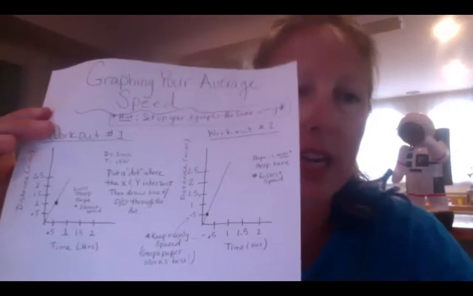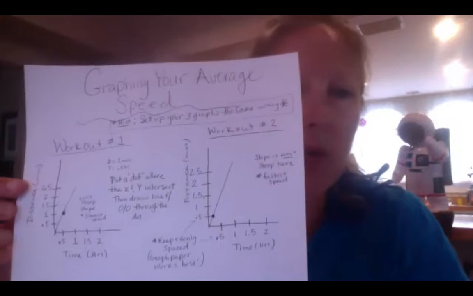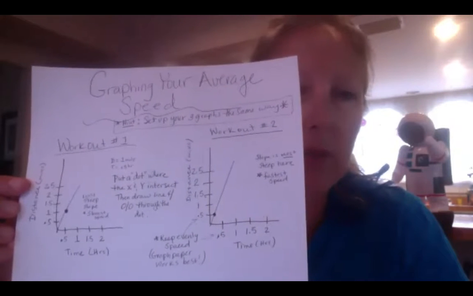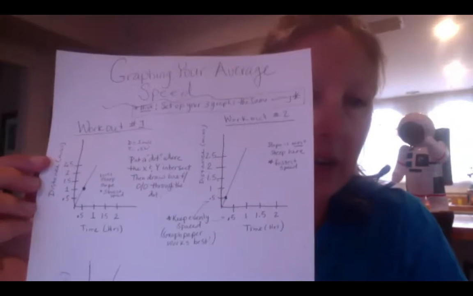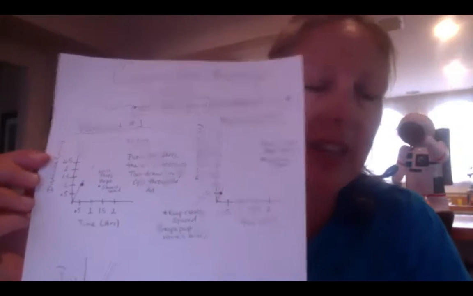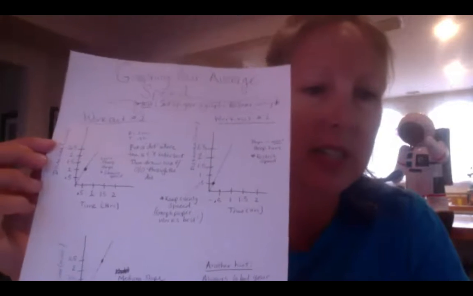So you're taking the data that you just had, your distance and your time. You're not really using your speed calculation right now, you're using your distance and your time.